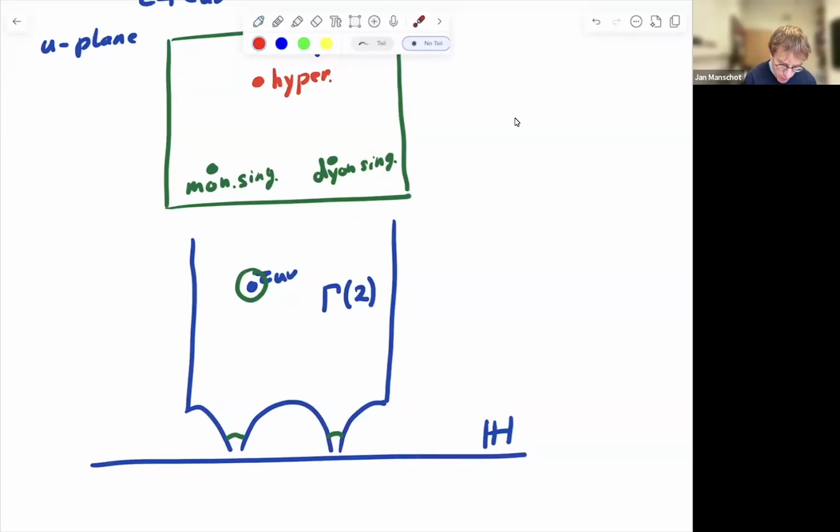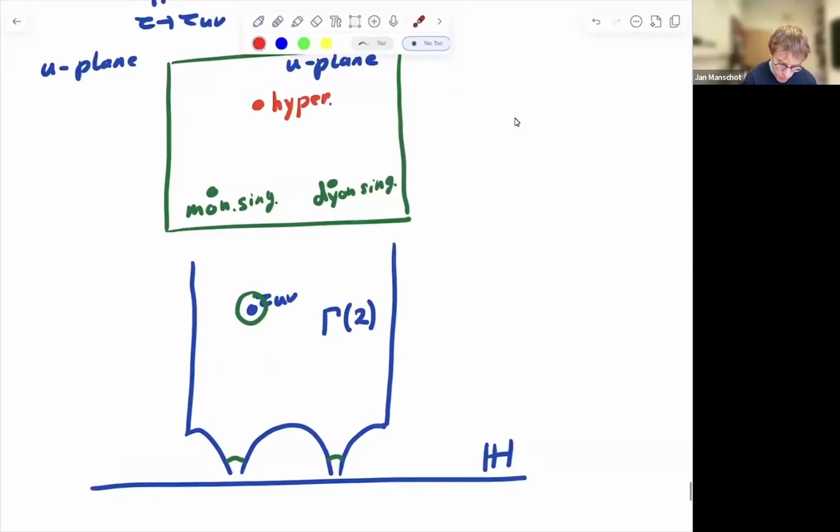And then the hypermultiplet singularity corresponds to where we send tau to i infinity. That's the identification between the domain in the upper half plane and the U plane, and we see these different points. It's really a Gamma(2) fundamental domain, but the special thing is that we have this extra singularity in the interior determined by tau UV.